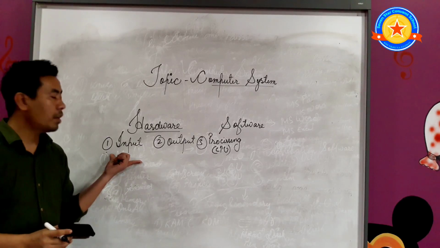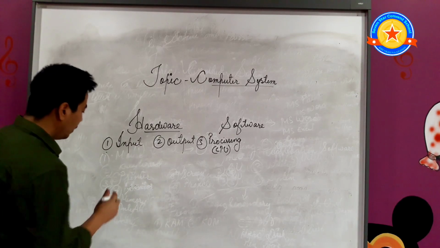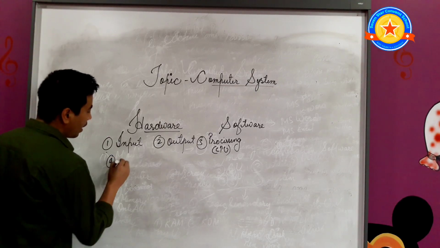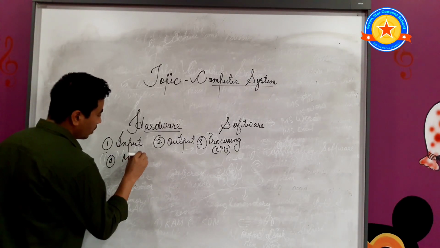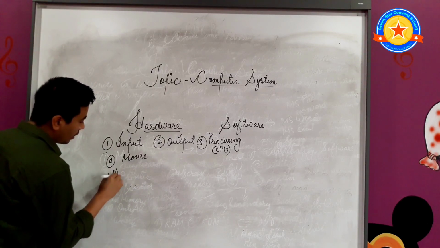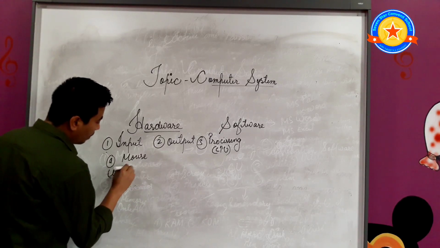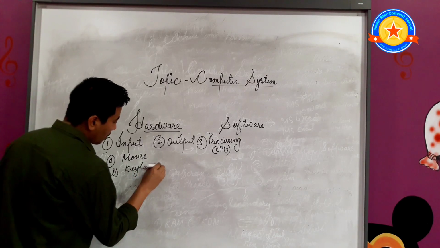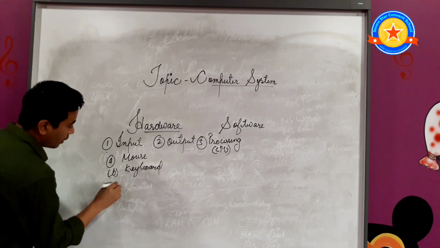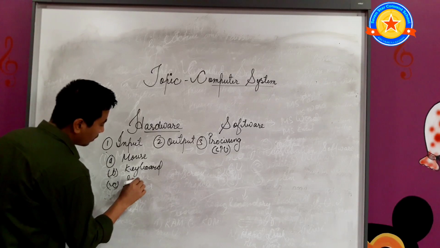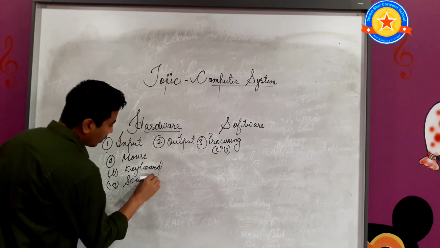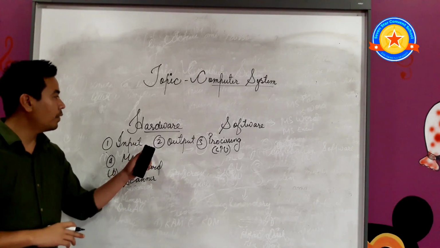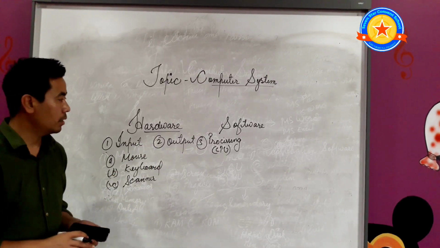Some examples of input devices are: A, mouse; B, keyboard; C, scanner, etc. These are examples of input devices.